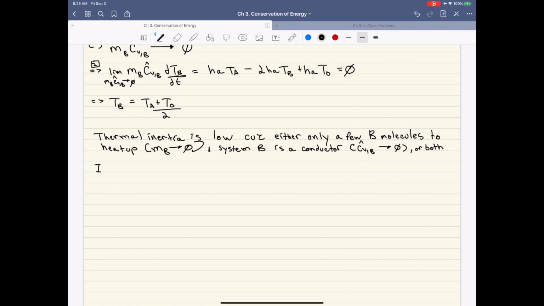that means heat transfer through the cylinder is very fast. And if the heat transfer is fast, what ends up happening is that your system B, or the temperature of system B, just ends up being the average of TA and T naught at any given moment, or time point.